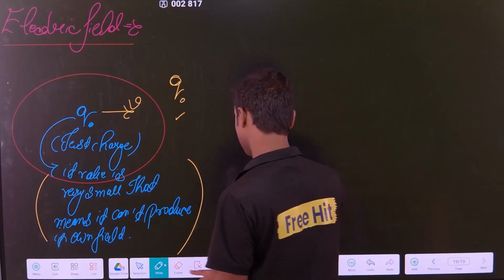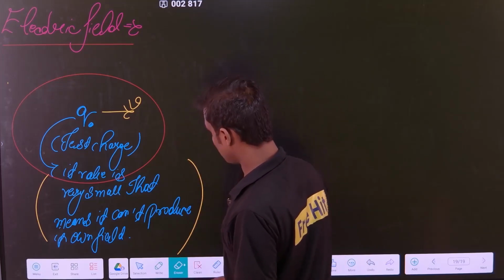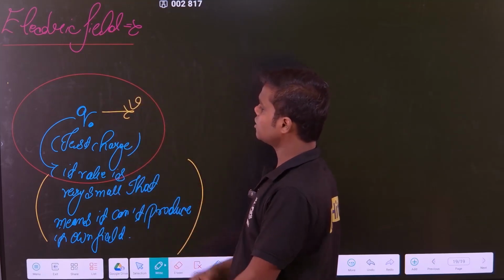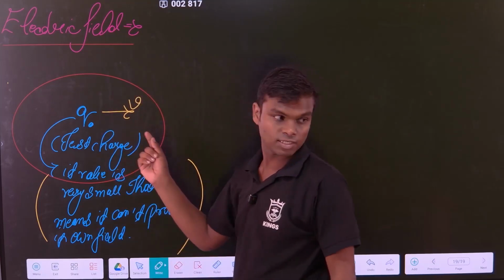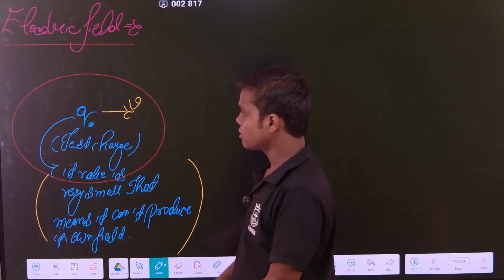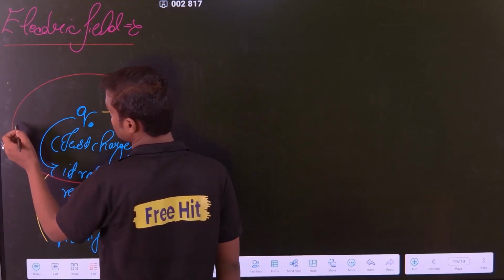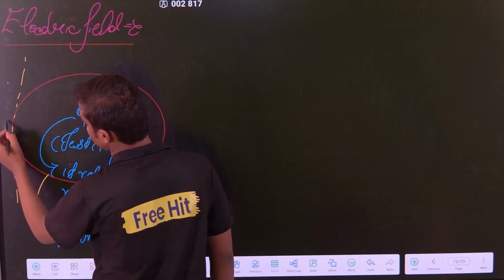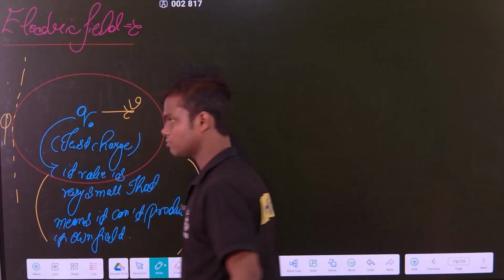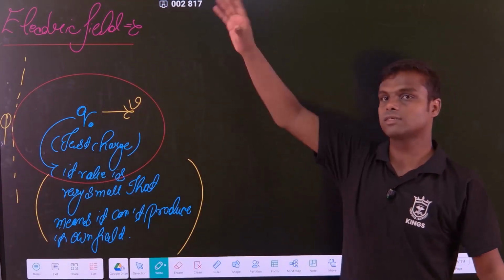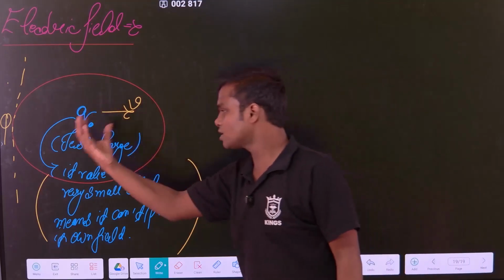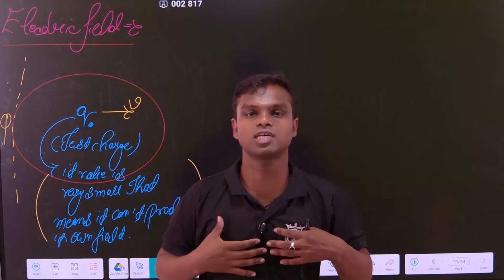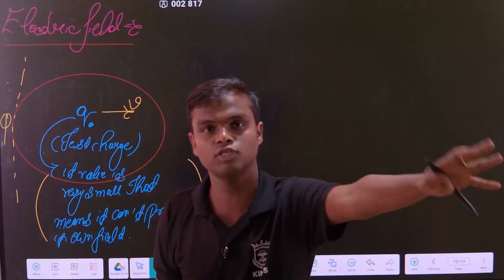So what did they conclude from here? The first question that arose in their mind was why this charge is moving when it is placed in this region. Somewhere here, they had placed a capital charge Q, but it is not visible to this charge Q0. Q0 doesn't know that a capital charge Q is placed there.